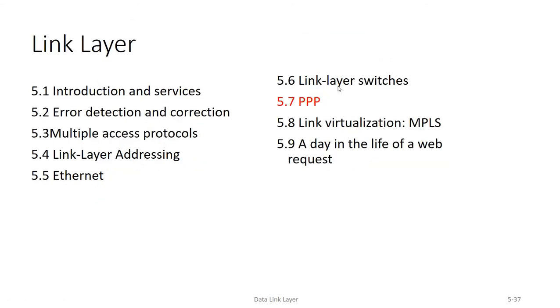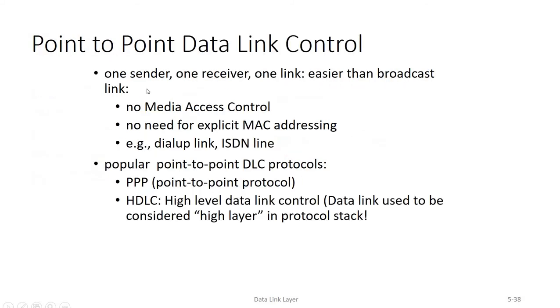Then once we finish with the switches, we go to PPP. PPP means point-to-point protocol. So there is one sender and one receiver. No switch inside, no interconnection inside. No media access control, no need for explicit MAC addressing. So just the sender sends to the receiver.